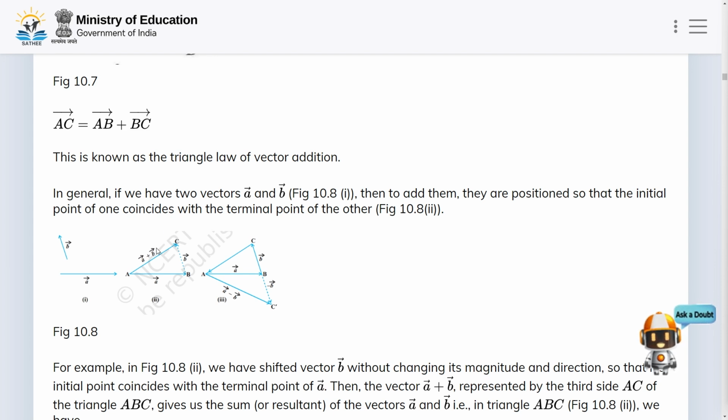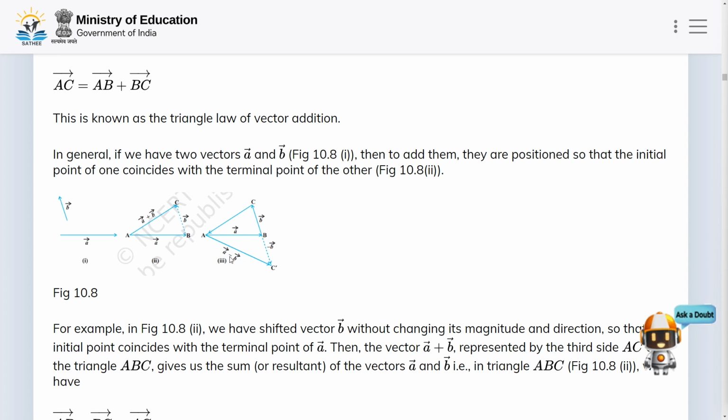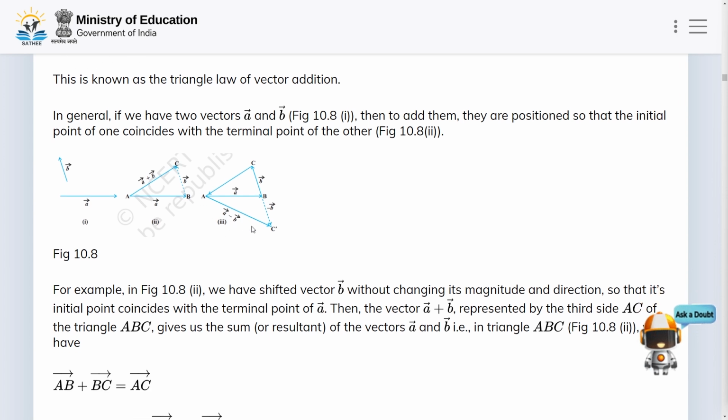As you can refer to this figure, if this is your small a vector and this is your small b vector, then the terminal point of a vector is the same as the initial point of b vector. In order to find the sum of them, or in order to add them, you will get your AC vector as vector a plus vector b. Clear? Now for a minus b, as you can see in this diagram.